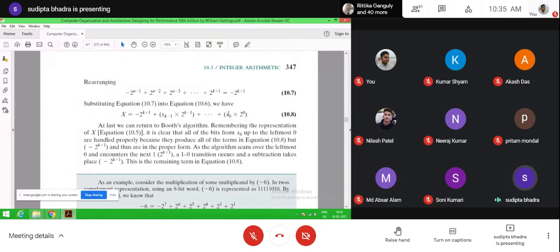So here in 10.8, look, the initial, all the ones are represented by minus 2 to the power k plus 1. So here the minus 2 to the power k plus 1, that is 1.